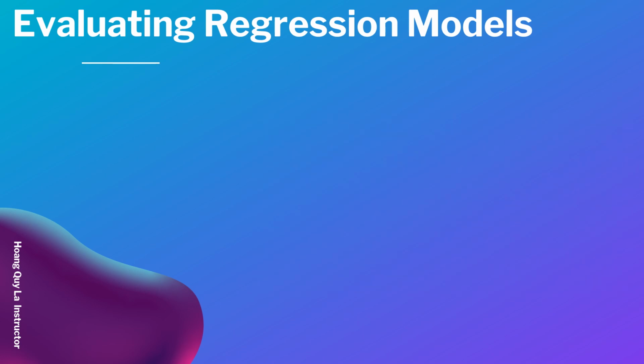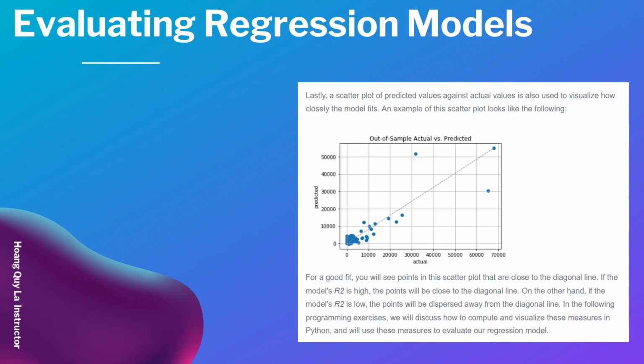Lastly, a scatter plot of the predicted values against the actual values is also used to visualize how closely the model fits. An example of this scatter plot looks like this one. We have the out-of-sample actual versus predicted, with the predicted on one axis and the actual on the other.